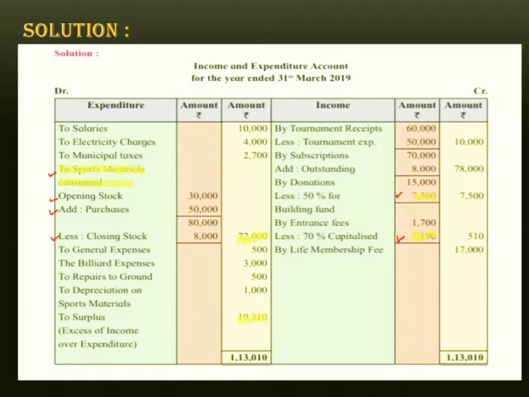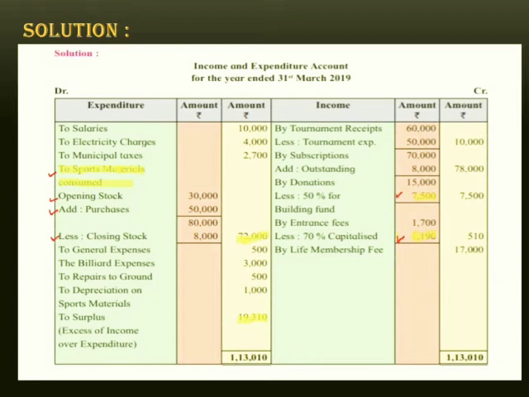Then, how to solve this problem? First, we will start with the payment side. According to the receipts and payments, we will see the payment side first. Then we will go for the receipt side and then we will solve the adjustment. Then on the payment side, first is the bank overdraft.